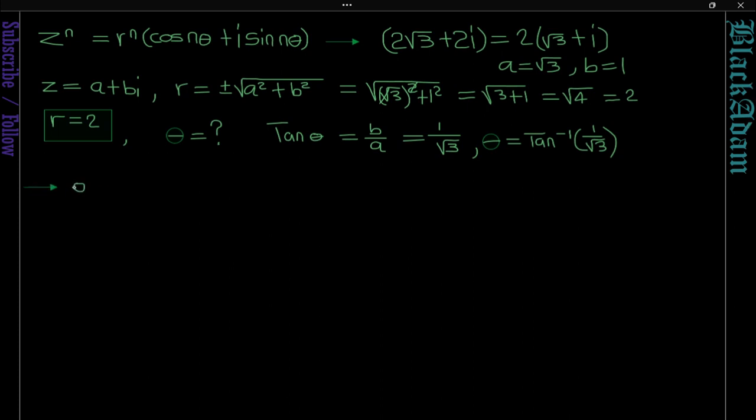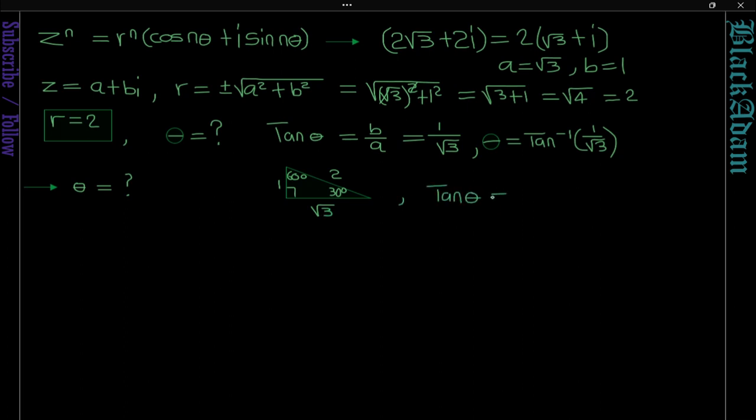We can draw a special triangle, 60, 30 and a right angle, where the opposite is 1, the hypotenuse is 2 and the adjacent is root 3.